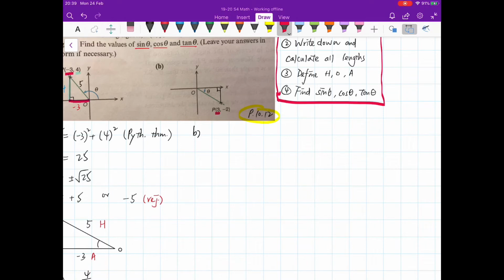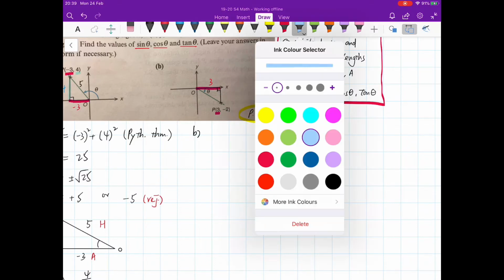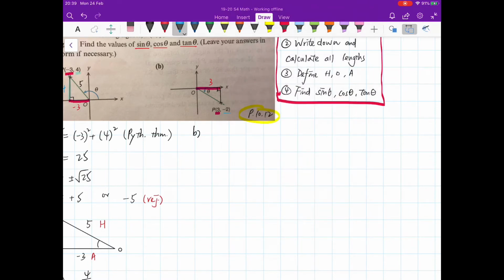Then again, this 3 is talking about the length in the x-axis, so it is 3, and for the -2, it is talking about the y value. So -2. So finally, we have to calculate OP.